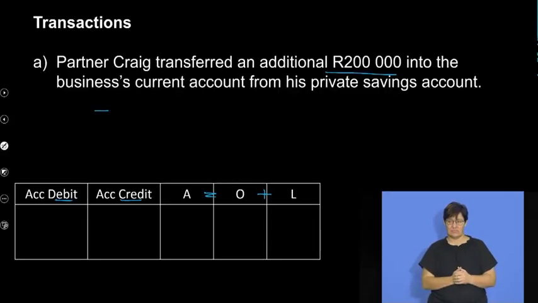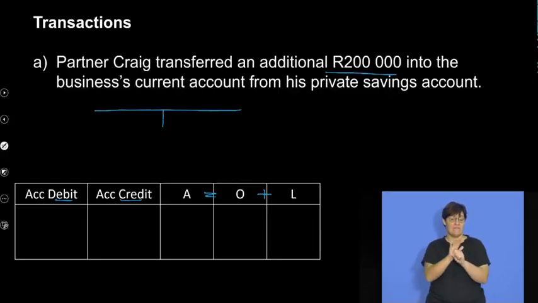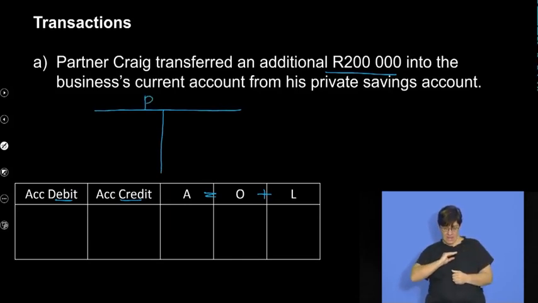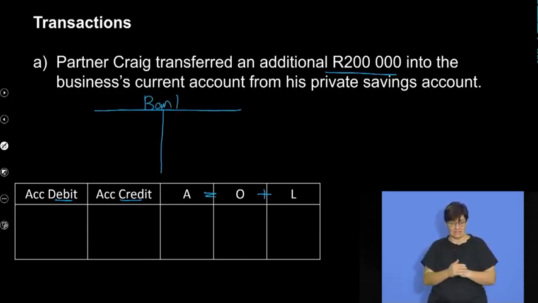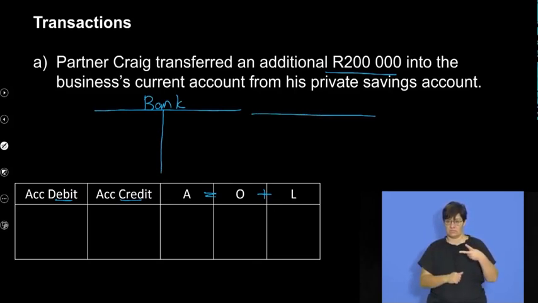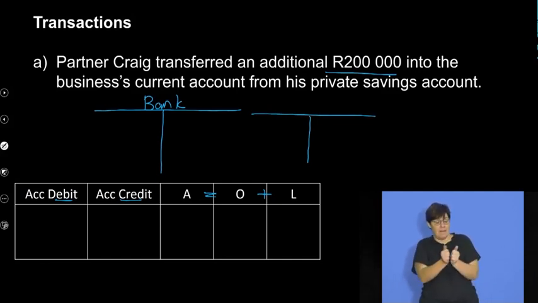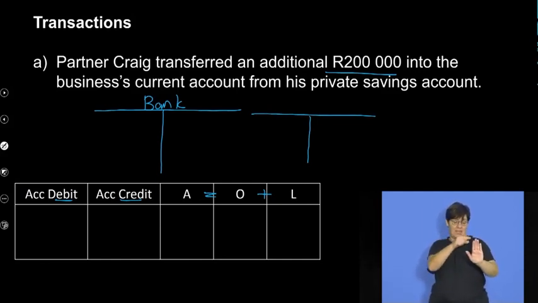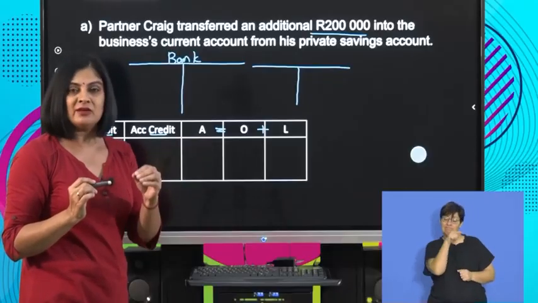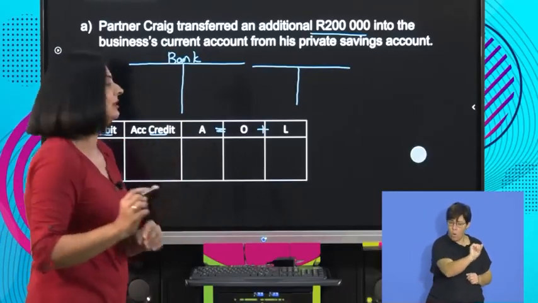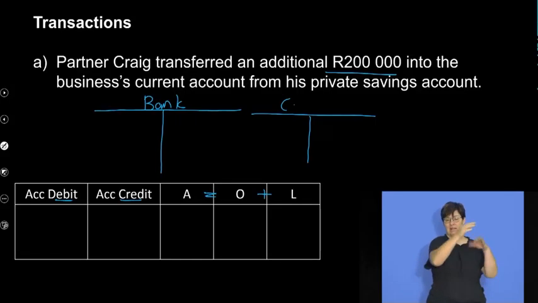So my two accounts affected. The business is receiving money, so obviously bank is affected. Bank is my first account. And the second account, who is the business receiving money from? From partner Craig. So remember what I mentioned earlier on, we're going to give partner Craig his own capital account. So the second account affected is obviously capital.